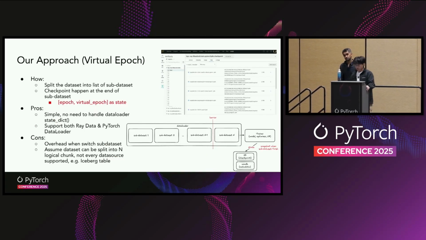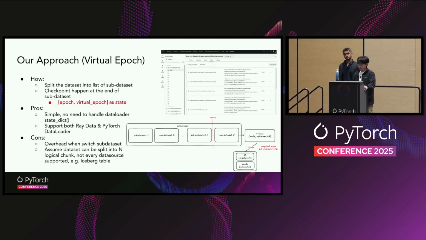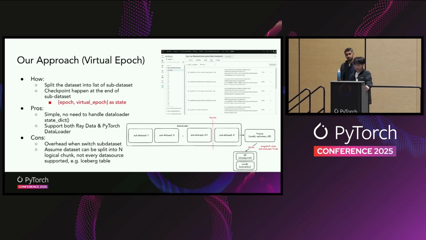For Ray Data loader, there isn't a straightforward way for us to do checkpointing, so we simulate checkpoints by splitting the dataset into logical subsets and only saving progress at the boundary between them. Concretely, we process one subset at a time, and then checkpoint once that's finished.